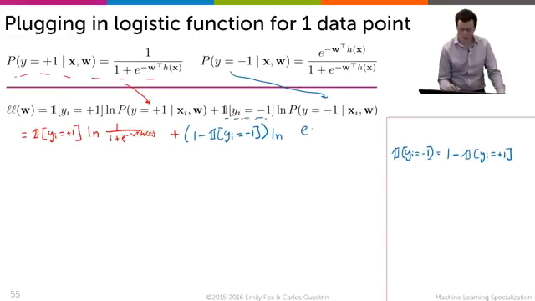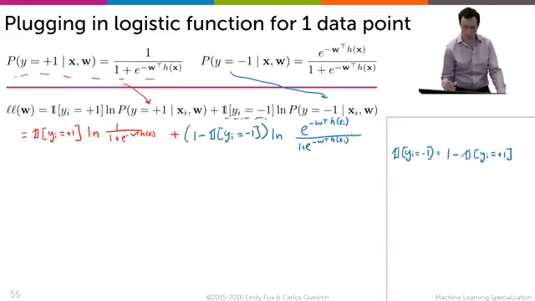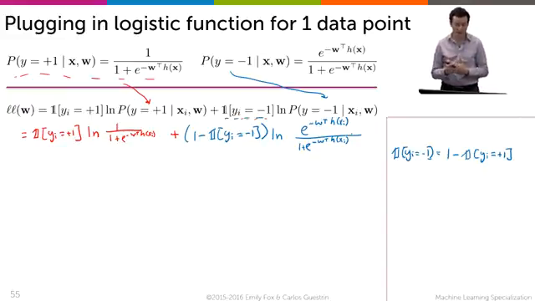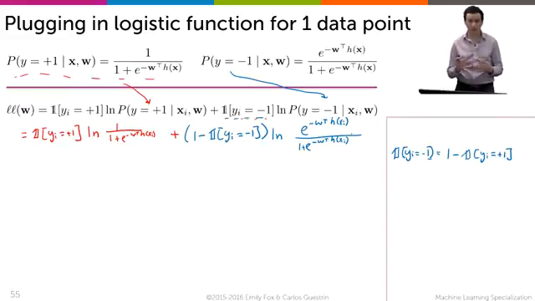So that's the log of e to the minus w transpose h of xi divided by 1 plus e to the minus w transpose h of xi. Great. So now we have our two terms, and now we're going to move a couple of things around and simplify the equations pretty significantly. Let's go ahead and do that.